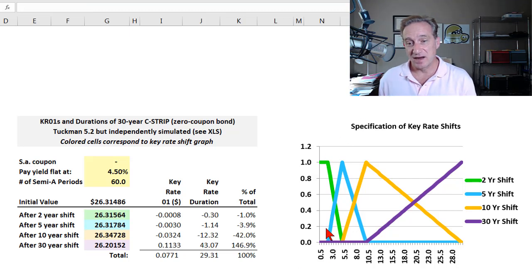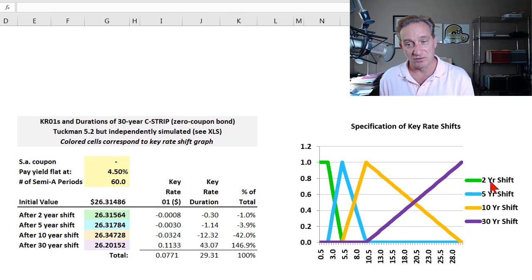0.01%. Instead of a single factor where we might shock the entire term structure in parallel by 1 basis point, which would be more along the lines of the DV01, here we have 4 different key rates, so we divide the term structure up into the key rates and the neighboring key rates in the region.